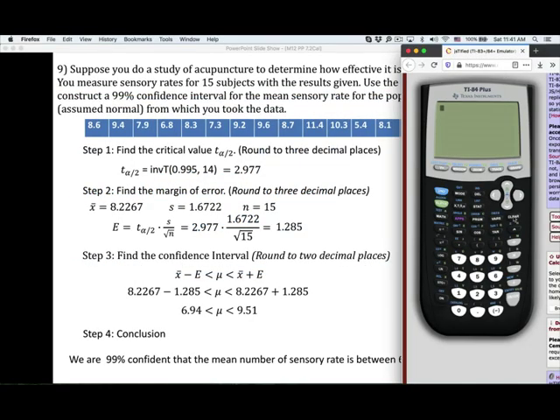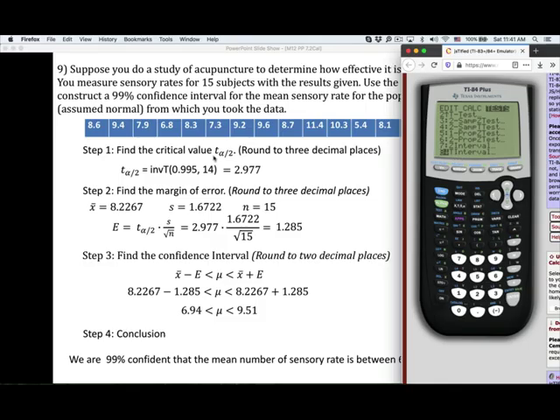Okay, check your work with the calculator. So for this one, they give us the data set instead of the statistics summary. So I already have the data set on my L1. Now I'm gonna click on the stat, go to the test, go to the T interval.